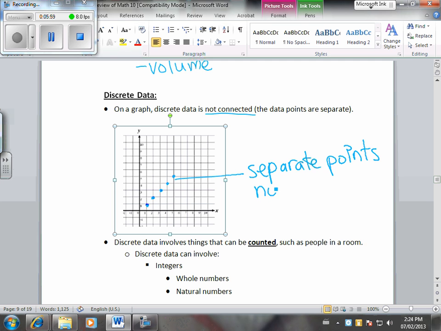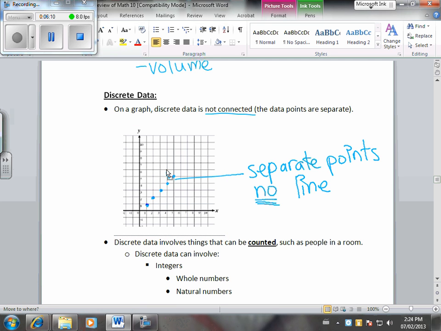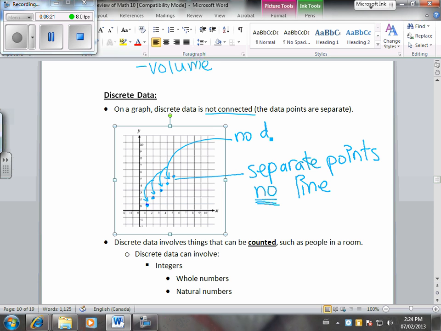There's no line. And because they're separate points, there are no data points in between each data point.